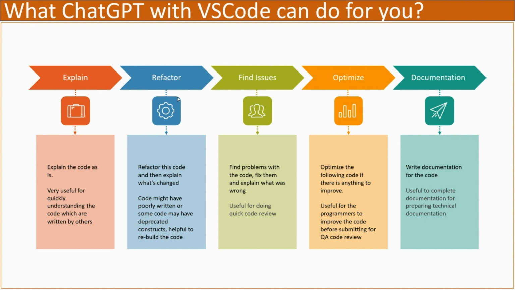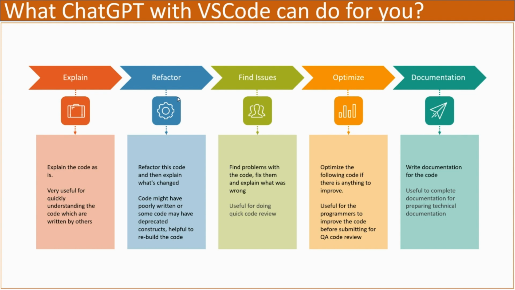Assume that it is poorly written or requires either modernization or optimization, ChatGPT can help you to understand the existing code and then suggest what changes are required. Say for example, if there are any deprecated constructs or functions or built-in functions that need to be replaced with a new one, ChatGPT can be used. This way, you can rebuild the code in line with the modern constructs.